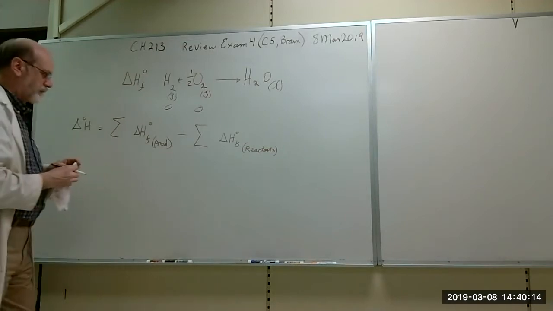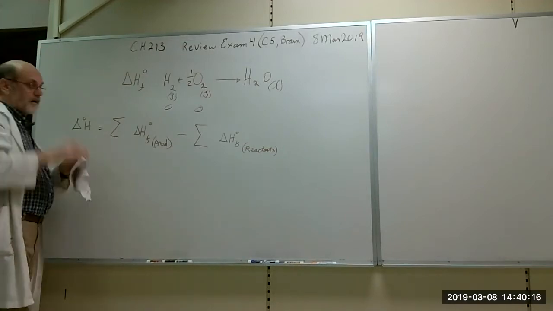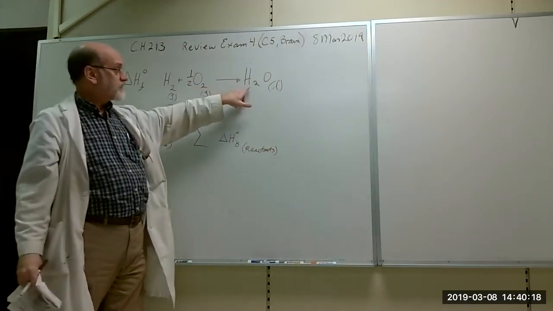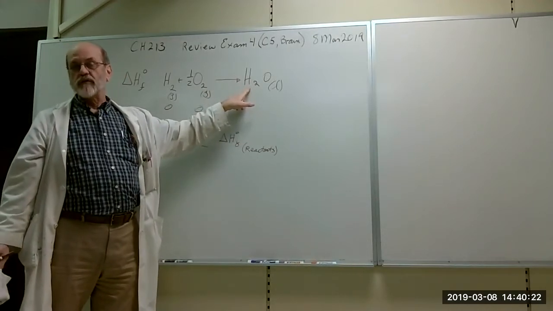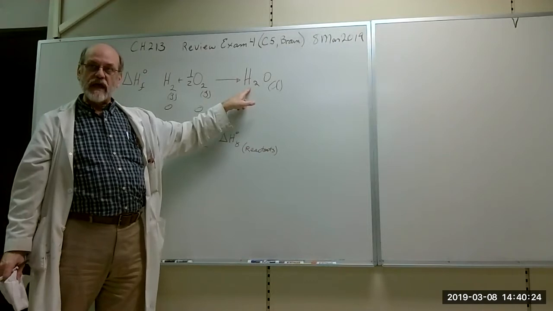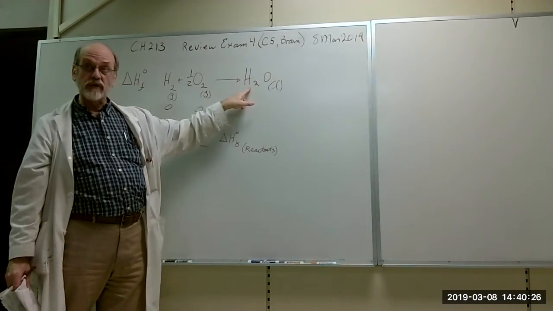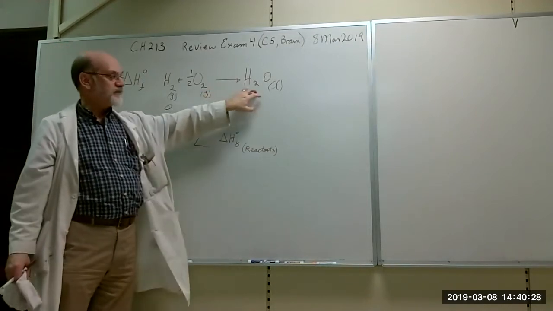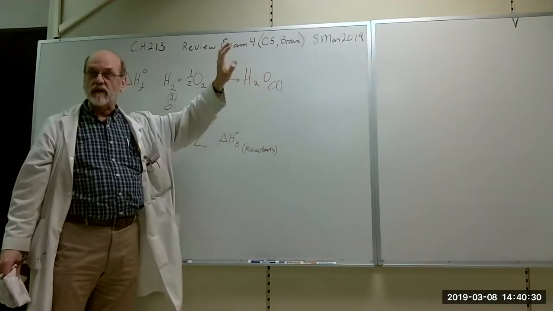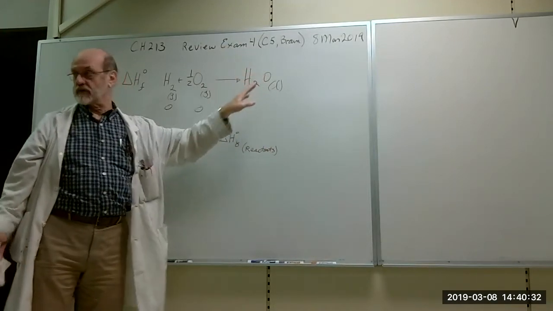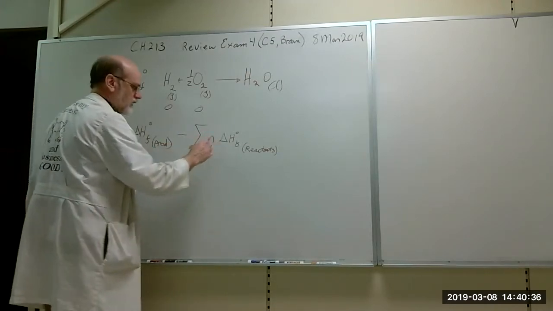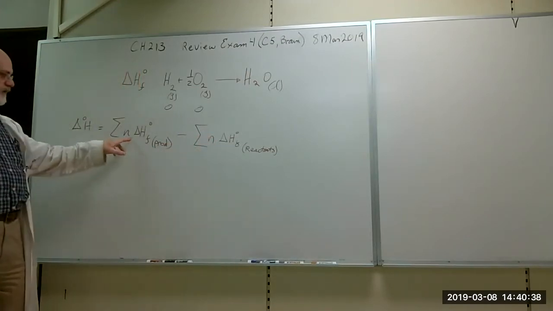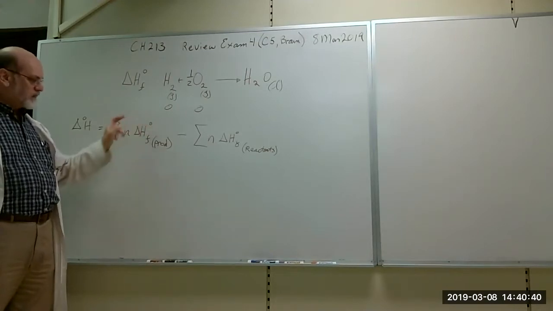Okay? Of course, recognize that this is in terms of 1 mole of that compound. So if your balanced equation has 2, 3, 4 moles, you have to multiply that times the standard heat for each one of the compounds. So that's why we stick this N in here. That's the number of moles associated with each one of these.